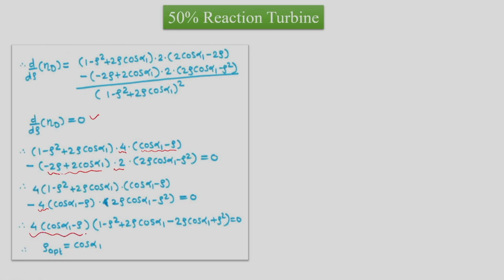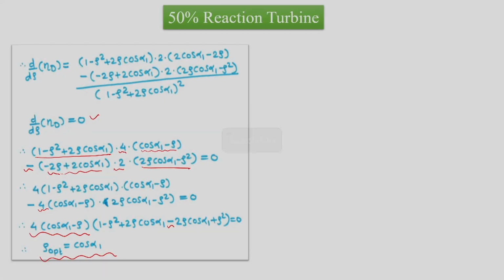So these two terms and the 4 will be common. We have 4 cos alpha minus rho into 1 minus rho square plus 2 rho cos alpha 1 minus twice rho cos alpha 1 plus rho square, and if we equate this to 0, we ultimately get rho optimum, or rho is equal to cos alpha 1.